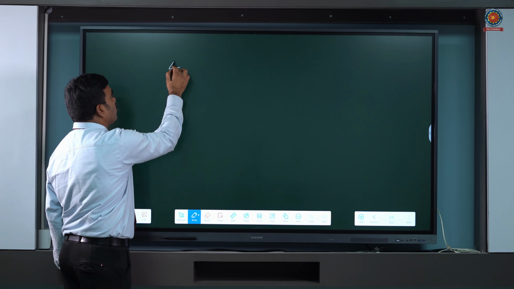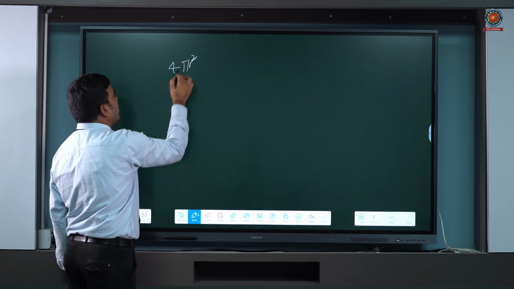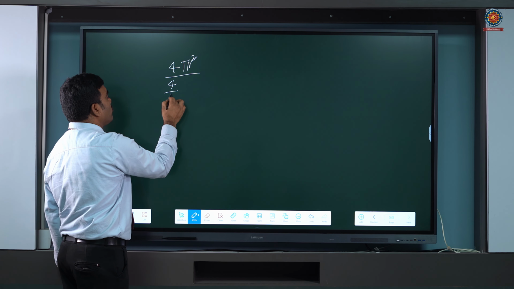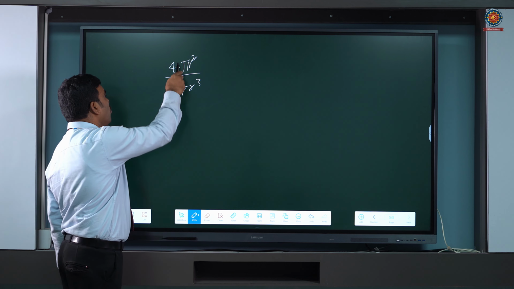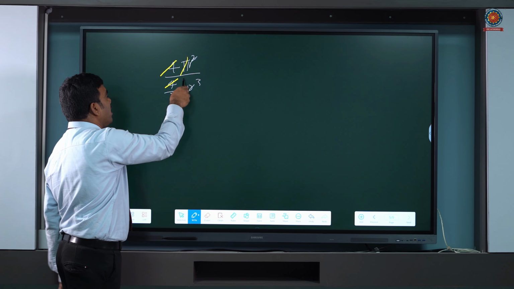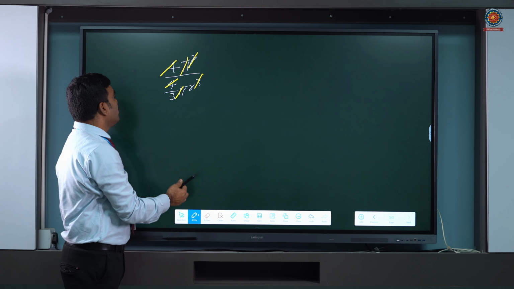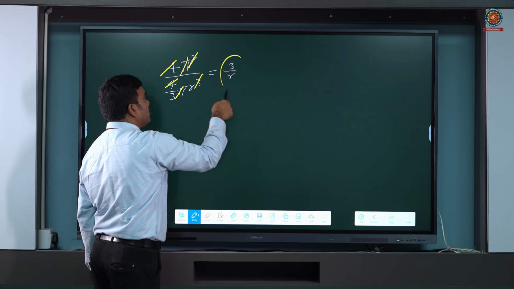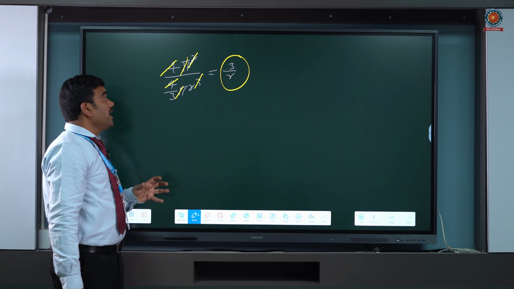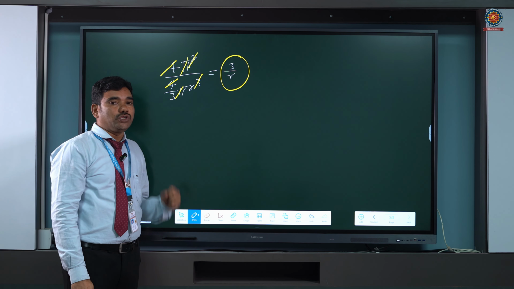Surface area equals 4 pi r square, and volume equals 4 by 3 pi r cube. In this ratio, 4 gets cancelled, pi gets cancelled, and r square over r cube leaves r. Now the ratio is 3 by r. This is the sphere's surface area to volume ratio.